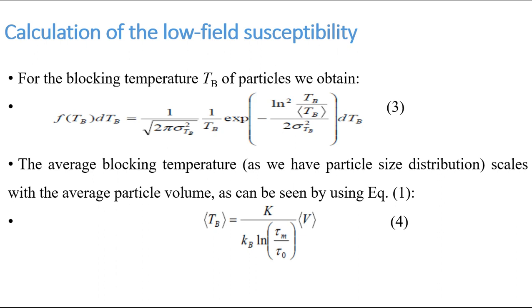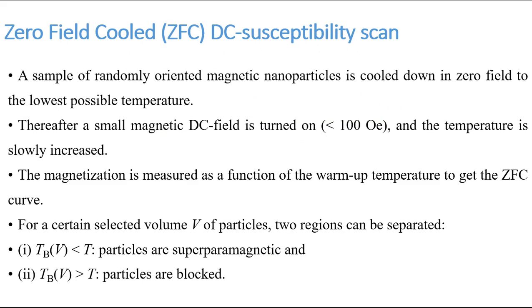So we can rewrite equation 2 in terms of the average blocking temperature, which is directly proportional to the average volume. Here we consider the anisotropy also. K is the anisotropy of the nanoparticles.